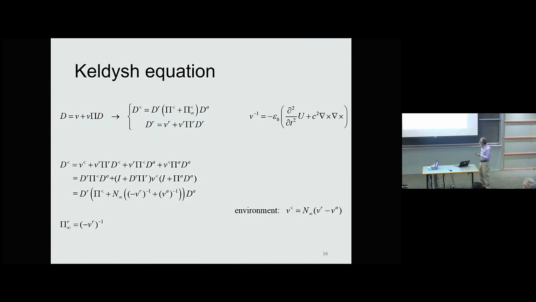The Keldysh equation describes the distribution. As I said, we have an environment. This environment gives you one additional term that is not calculated according to the material property, but in some sense is calculated by the boundary condition. In fact, it's implied in this contour-ordered Dyson equation.